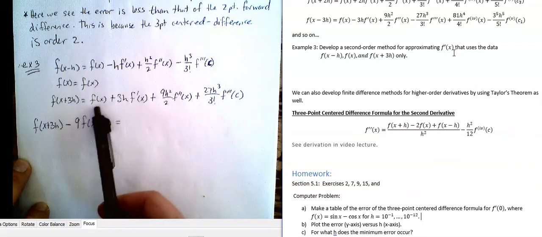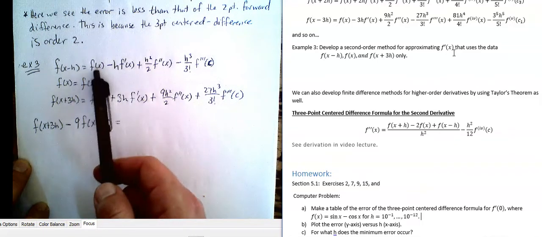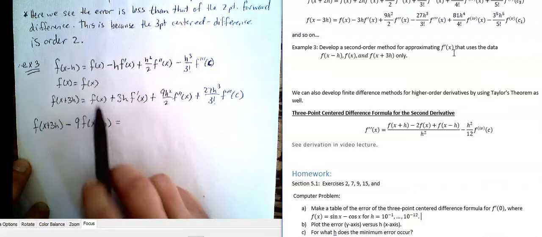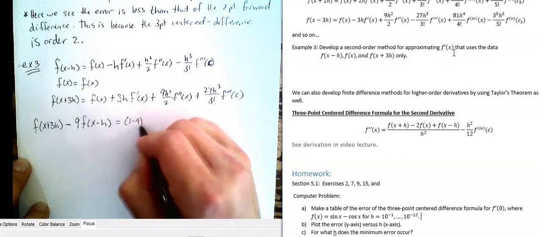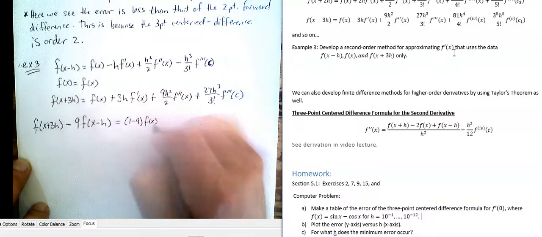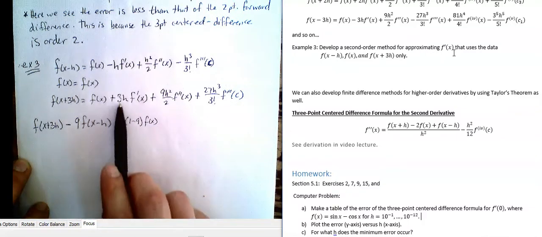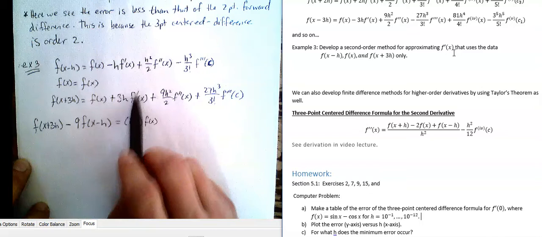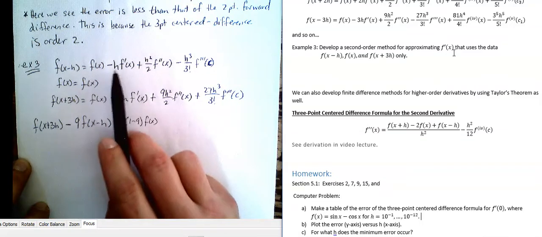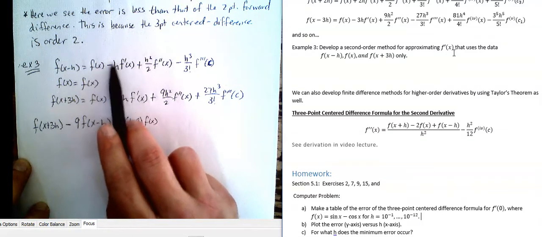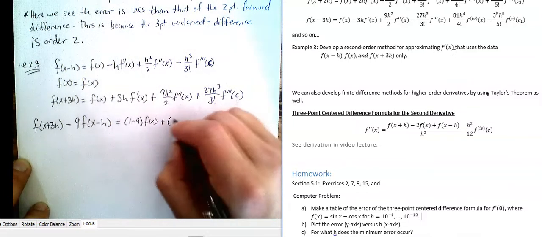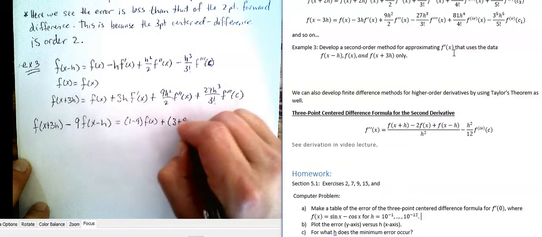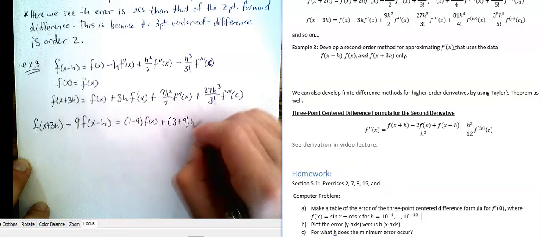So let's look here. F of x, take away 9 f of x's. So that would be 1 minus 9 f of x. We'll have 3h f primes, take away negative 9h f primes, so that would turn to positive. So 3 plus 9h f primes.